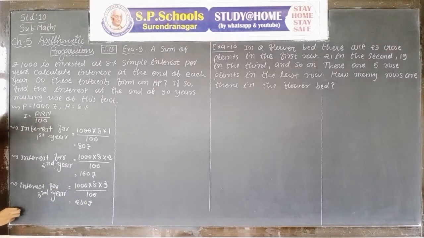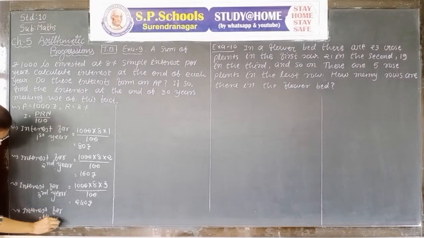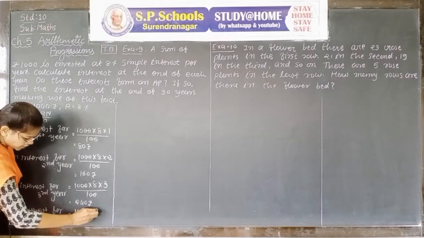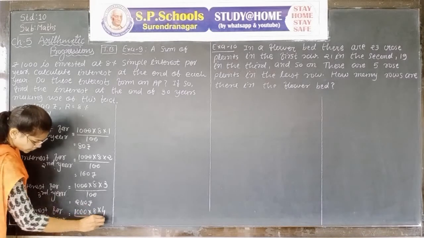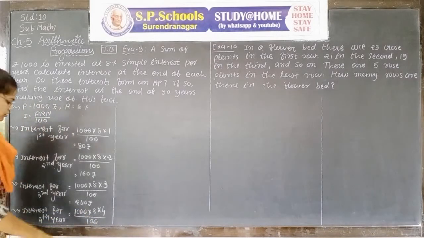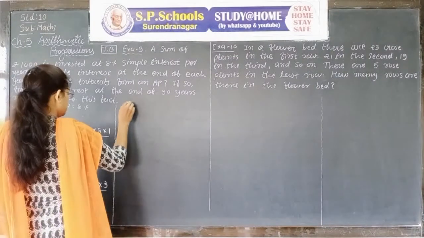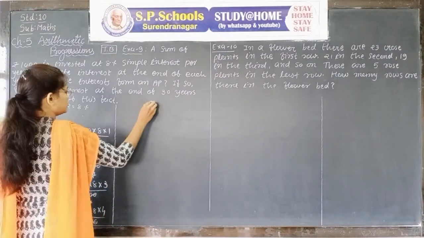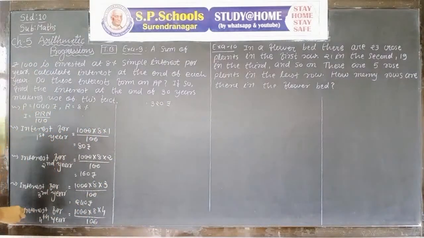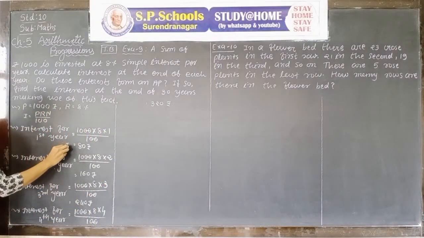Same way for the fourth year, interest for the fourth year is equal to 1000 into 8 into 4 upon 100. 2 zeros are cut, 320 rupees. It is interest for the fourth year.